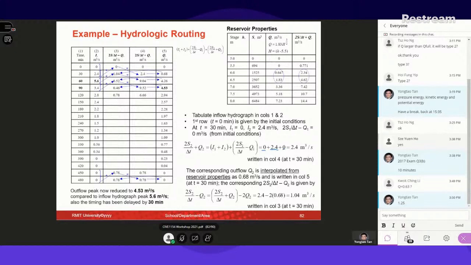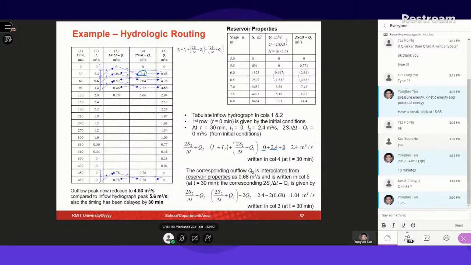So it is 2.4, which we write in column 4 at time 30 minutes. The arrow shows how we get this value.